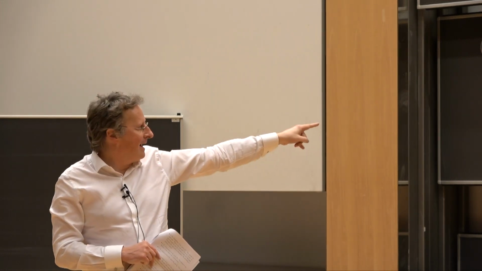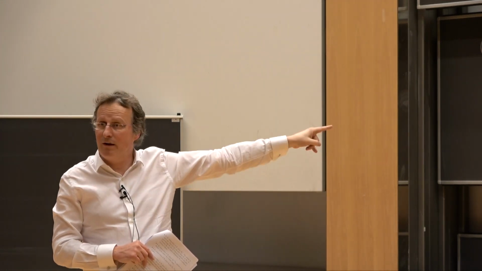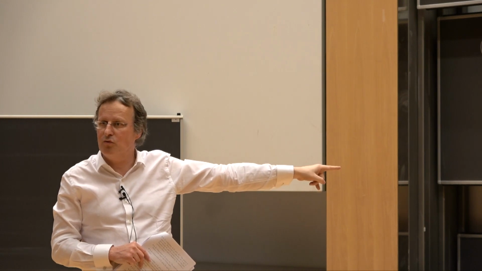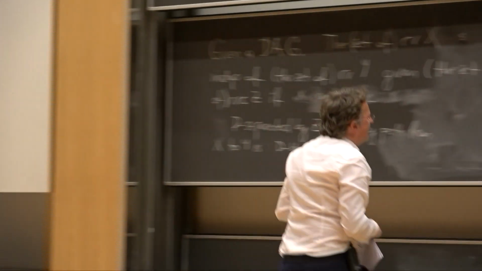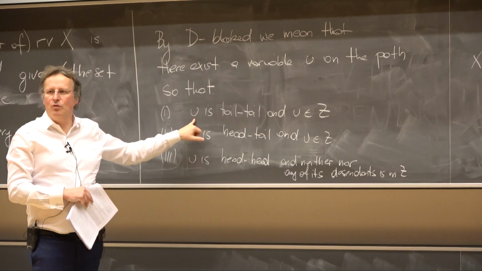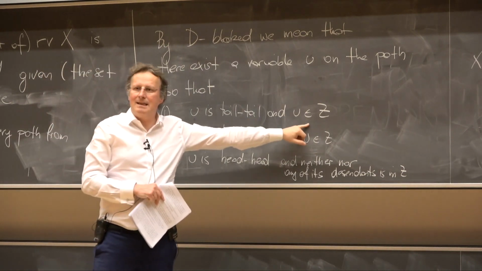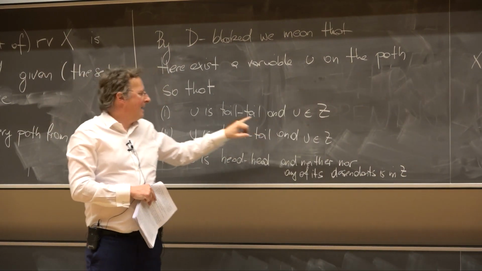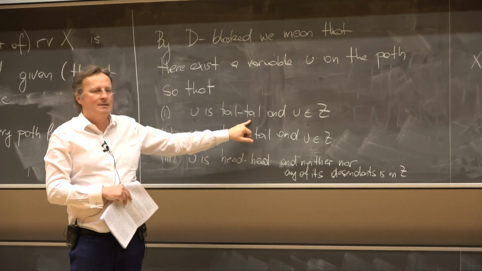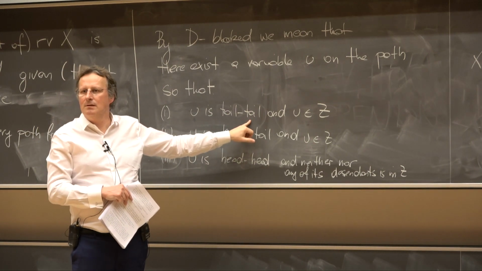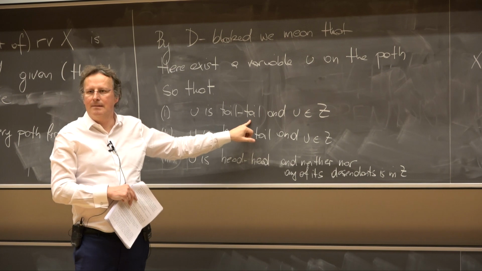If for every such path, I can check that at least one of these conditions is true, then this will be conditionally independent. So let's check. Is there on this path a variable u which is in z, in the conditioning, and u is tail to tail?